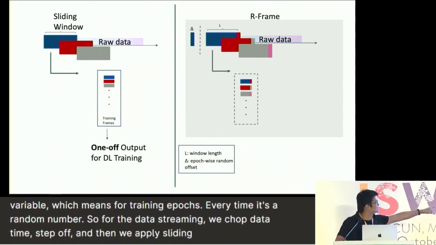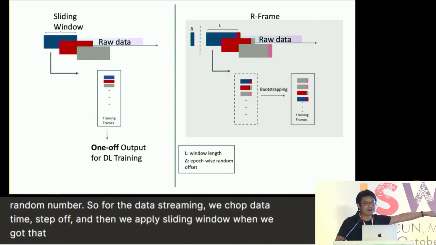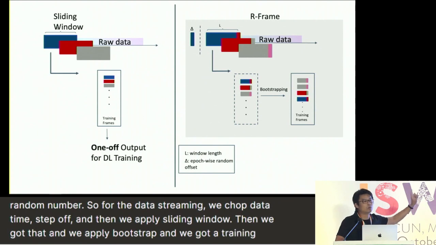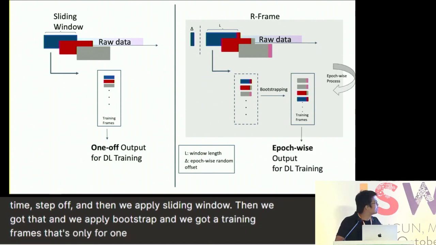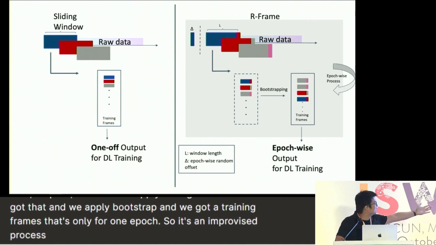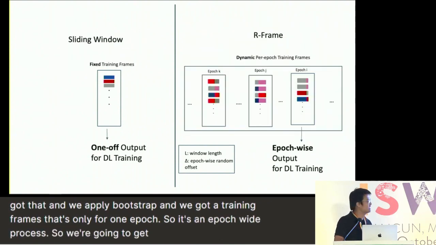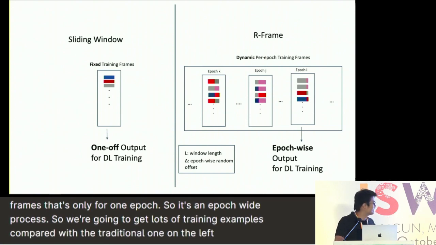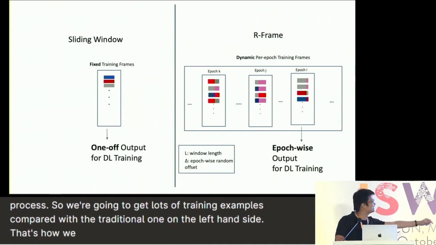Then we apply bootstrap, and we get the training frames. That's only for one epoch. So it's an epoch-wise process, and we are going to get lots of training examples compared with the traditional one on the left-hand side. That's how we create more training examples at the sliding window stage.